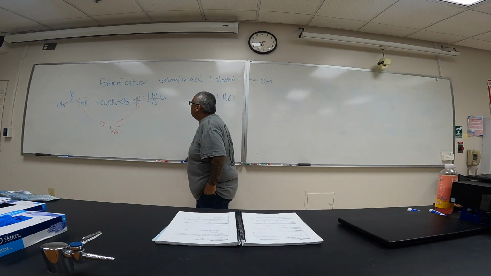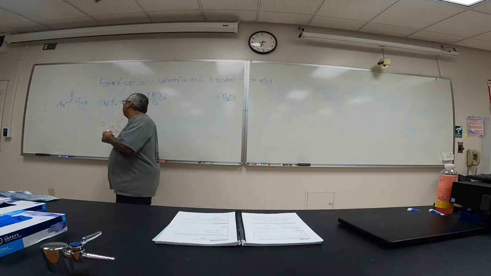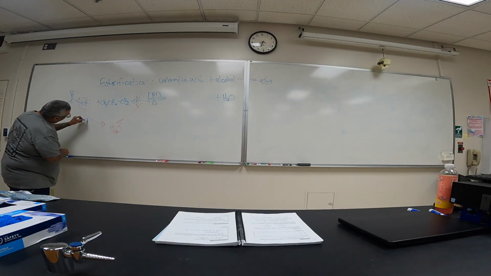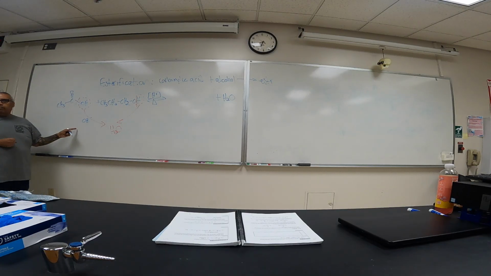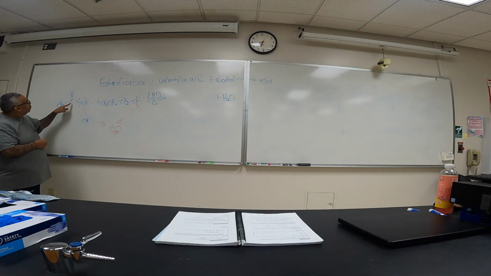Now, what I'm going to do next is rewrite this. So here, when this leaves, this is how it leaves. OH negative, right? Hydroxide leaves. If this leaves as a negative, and it takes these additional electrons with it, and that's how it's negative, what's the charge on the carbon going to be?